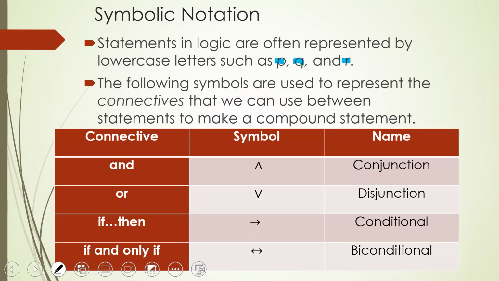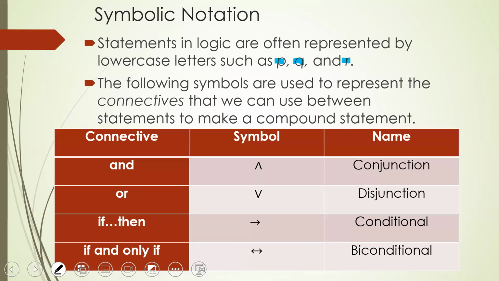Just like we use variables to represent missing numbers in an equation, we can use letters like that to represent statements. And then within our statements, in the word versions of them, there are different connective words that we can use to connect multiple statements.